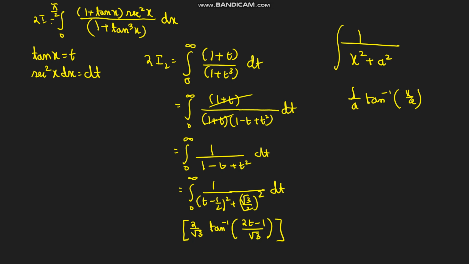Since it was t minus half, we do not need any chain rule factor in the denominator right now.